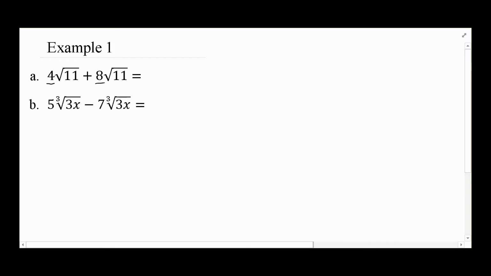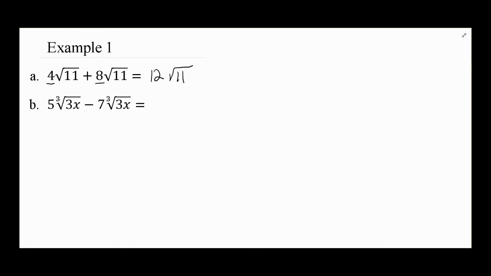So all we're going to do is add the coefficients. 4 plus 8 is 12 square root of 11. I had 4 square roots of 11 plus 8 more square roots of 11, so I've got a total of 12 square roots of 11. If I'm just counting stuff, if you have 4 blahs plus 8 more blahs, you have 12 blahs. That's what's going on here.